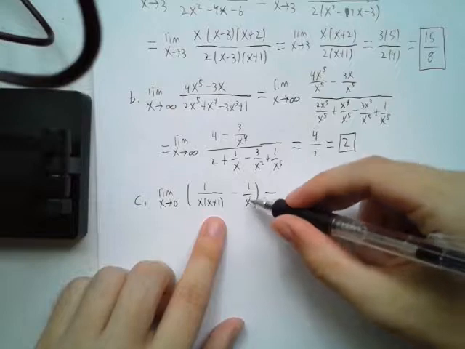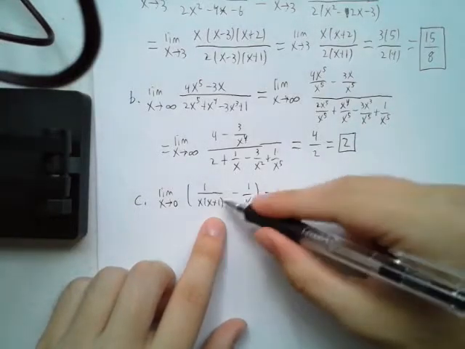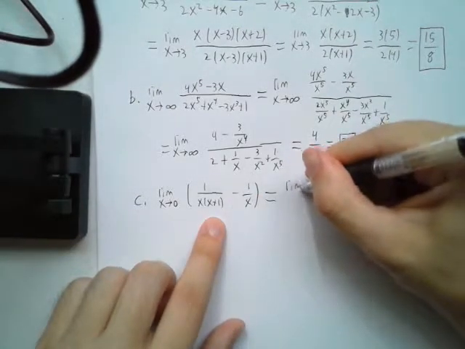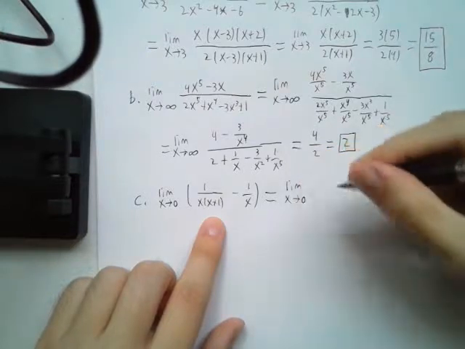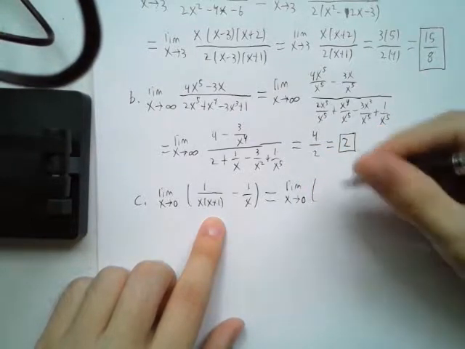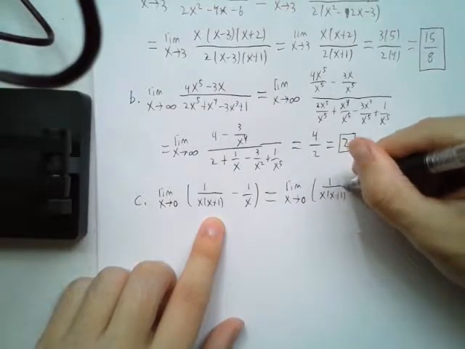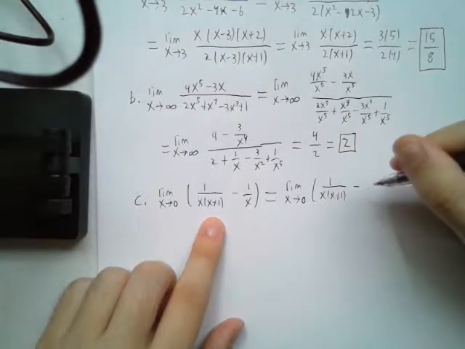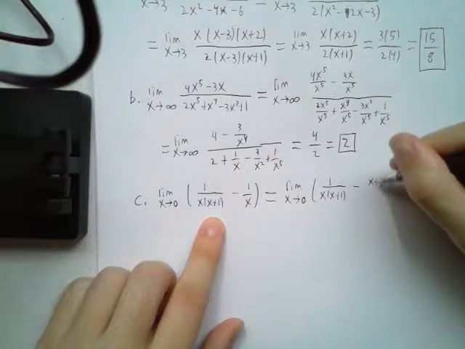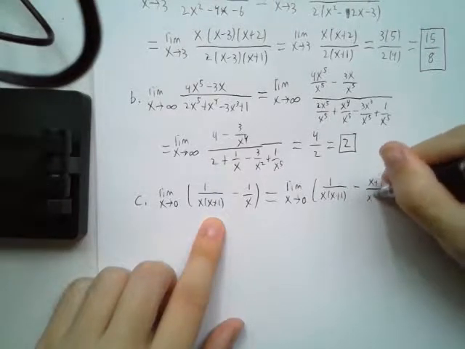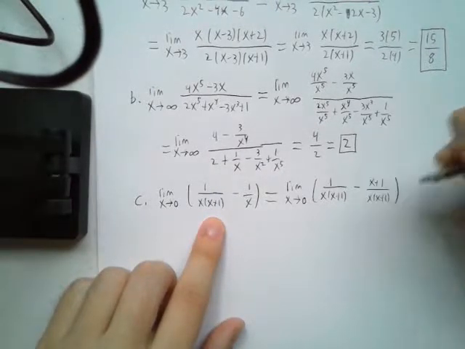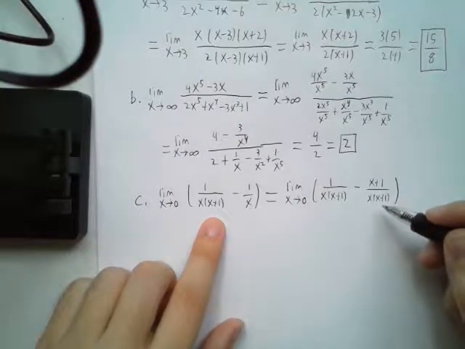The way we can do that is to find a common denominator for these two things. So we have the limit as x goes to 0 of 1 over x times (x plus 1), minus (x plus 1) over x times (x plus 1). I just found a common denominator for this second term.